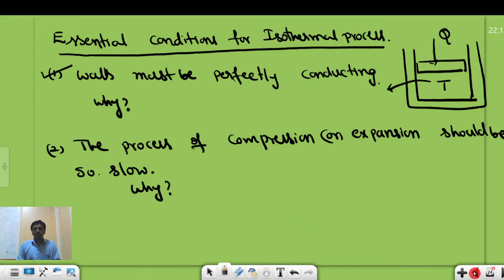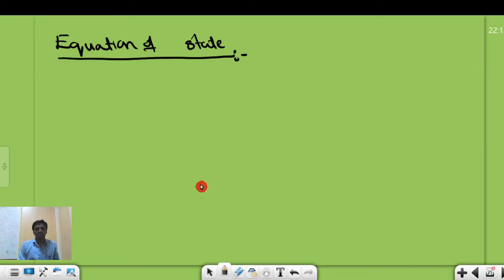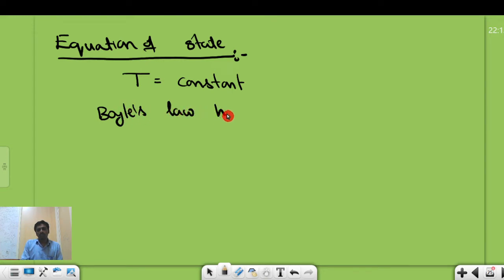So in the isothermal process, what is the equation of state of the thermodynamic system? Here T is equal to constant. If T is constant, then Boyle's law holds good in this process.